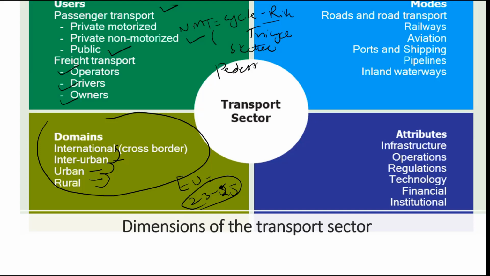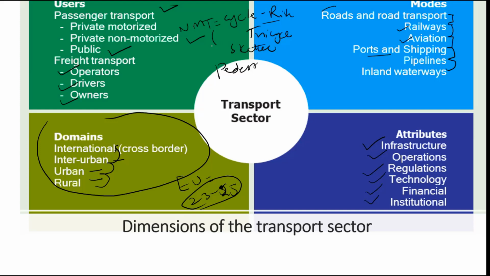And if you try to understand the attributes, of course infrastructure is part of that, along with operation, regulation, technology, finances, and institution. As for modes, we already addressed all those modes. Mode of transportation doesn't mean only road. It doesn't mean only railways, only aviation, or only ports and ships.